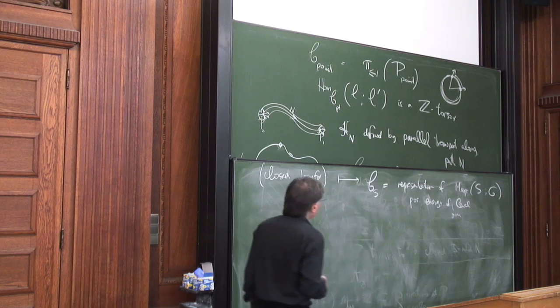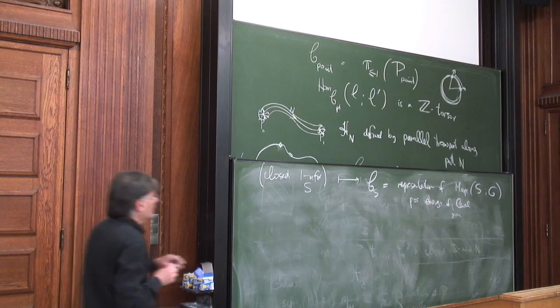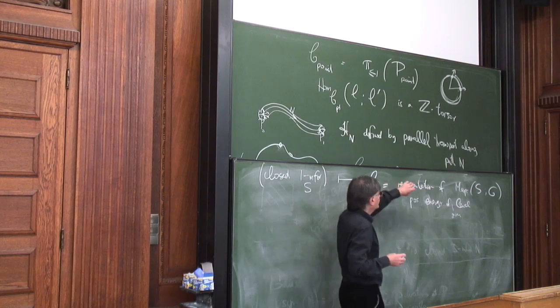So the level defines for you a very nice class of representations of this thing, which is essentially a loop group.